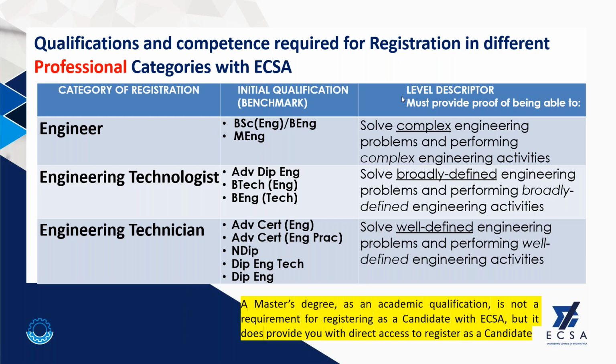And then in terms of engineering technician, like I said earlier, you need a national diploma and other related certificates as well. But in this case, you just need to solve well-defined engineering problems and perform well-defined engineering activities.